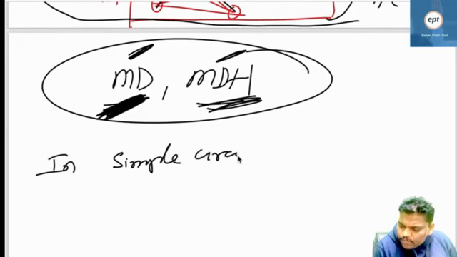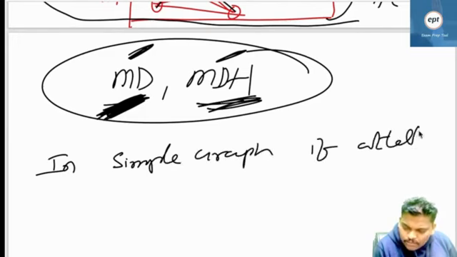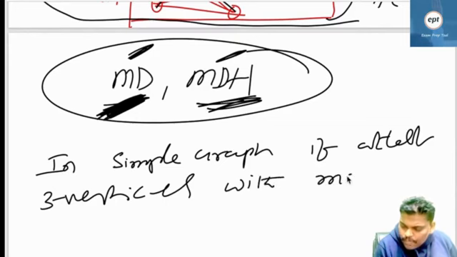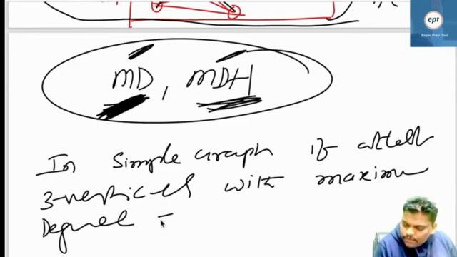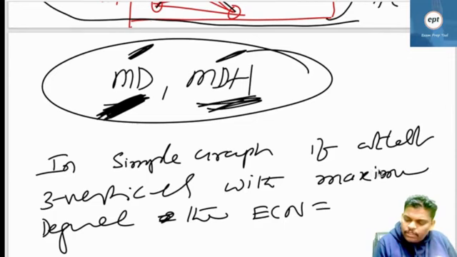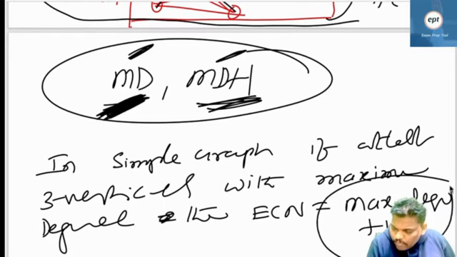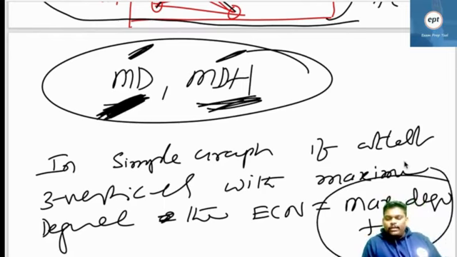In a simple graph, if at least 3 vertices have maximum degree, then edge chromatic number is equal to maximum degree plus 1. At least 3 people with maximum degree.